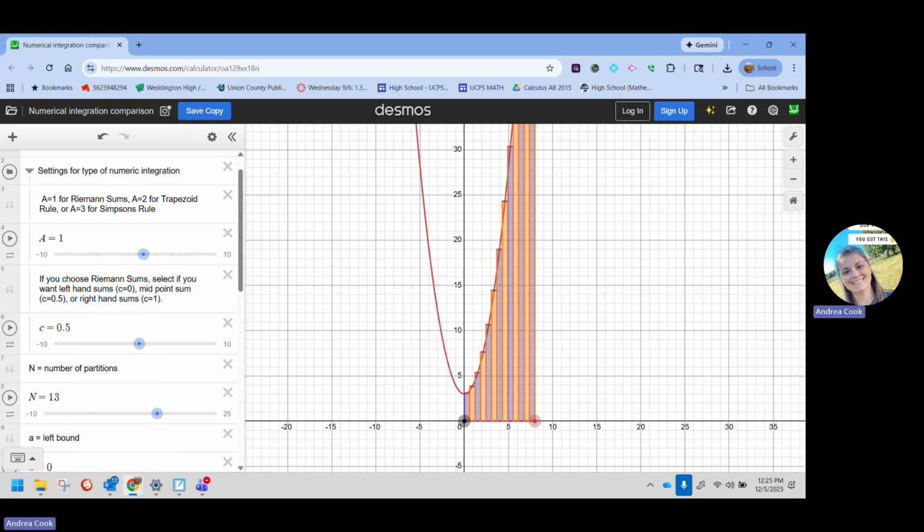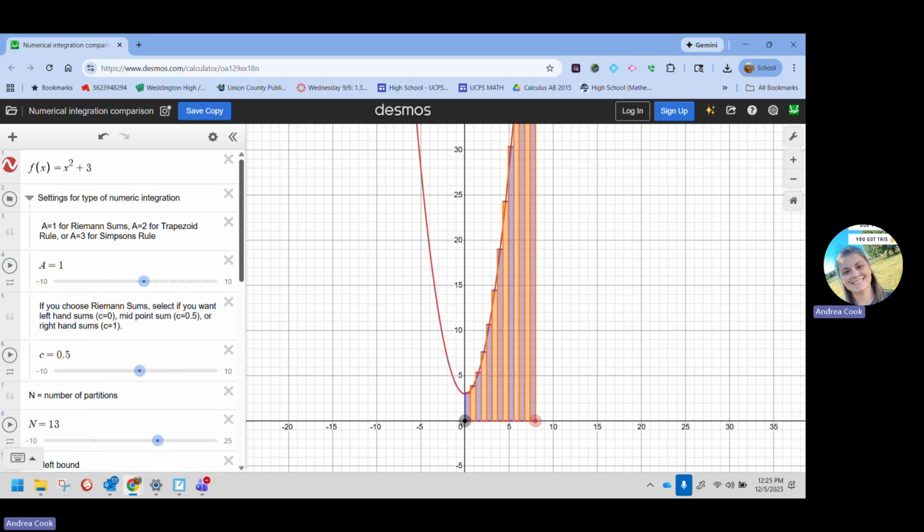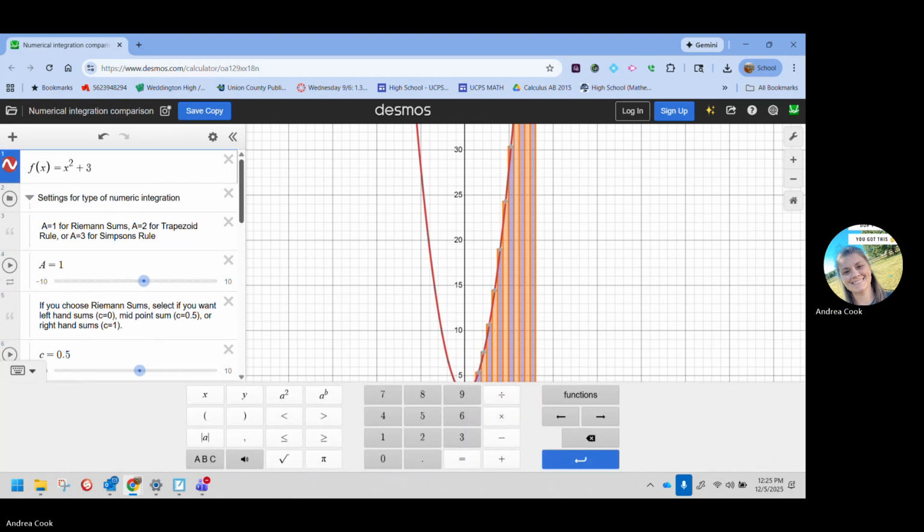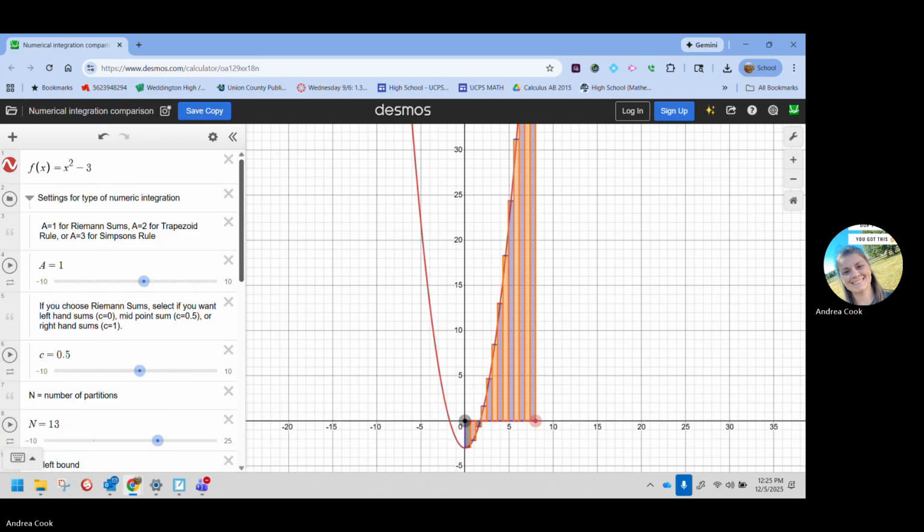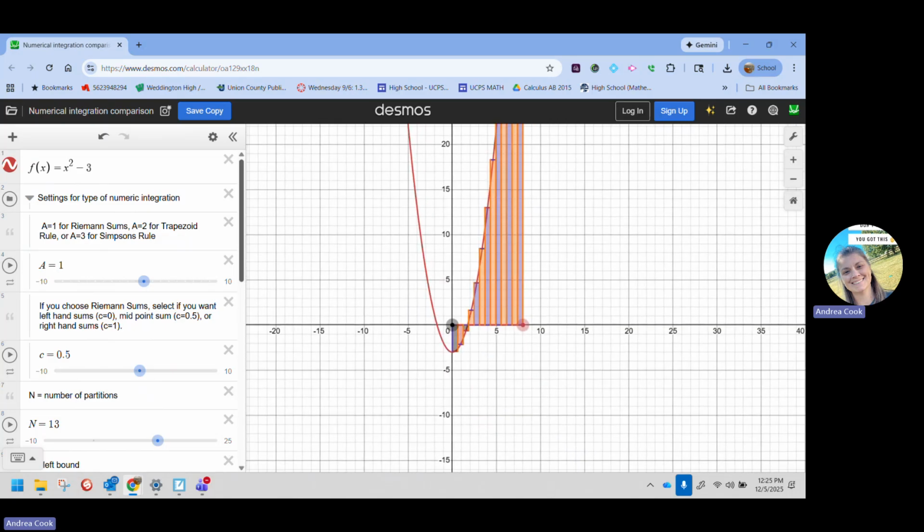All right, that link, you can play around with looking at different functions too. I want to show you that if I change this to a minus, you see how some of it drops under, but it's still the area between the function and the x-axis.